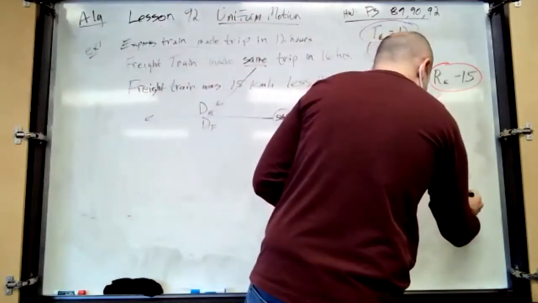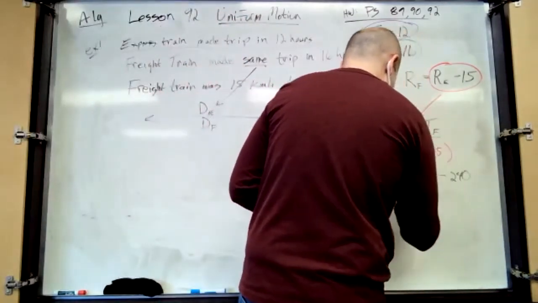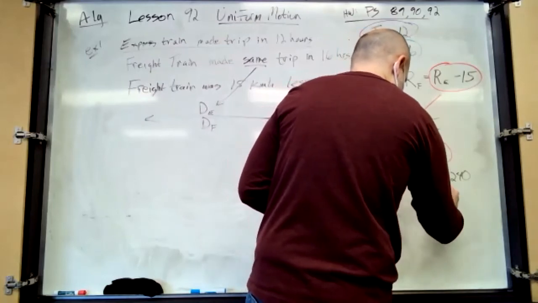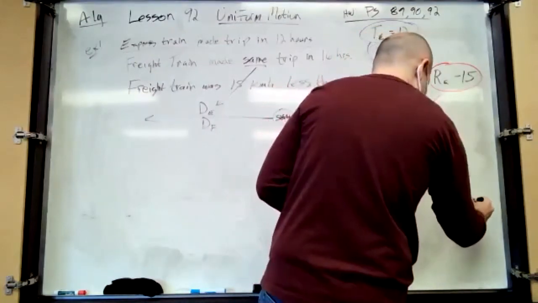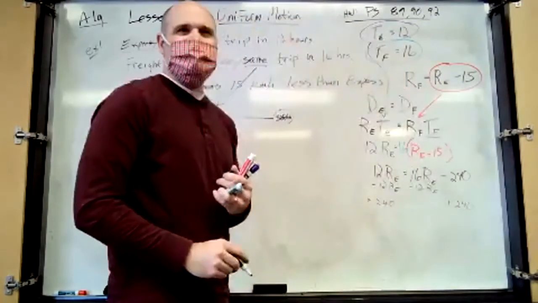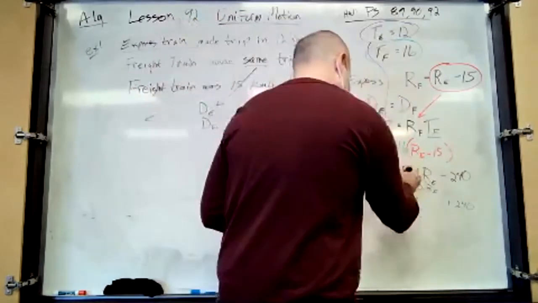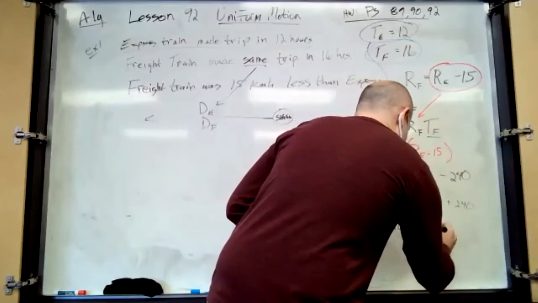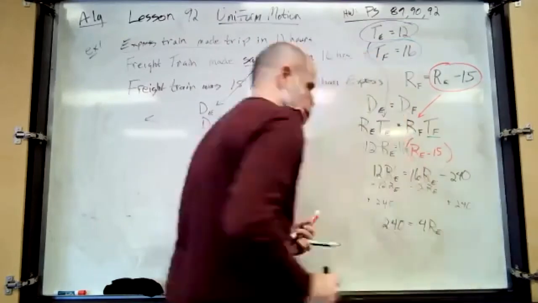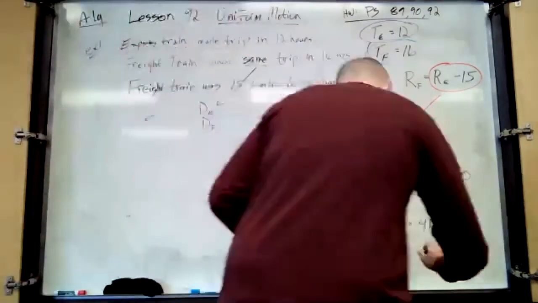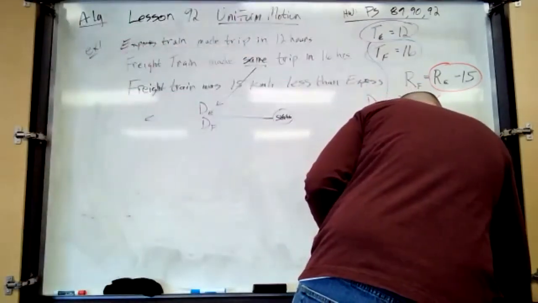So add 240 to both sides. Oh, actually, I'm going to subtract 12 R of E, and I'm going to add 240 to both sides. I'm kind of doing it both in one step here. So I get 240 equals 4 R of E. So divide by 4. Rate of express train is 60 kilometers per hour.